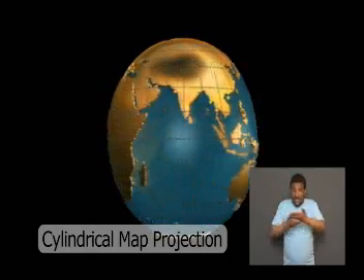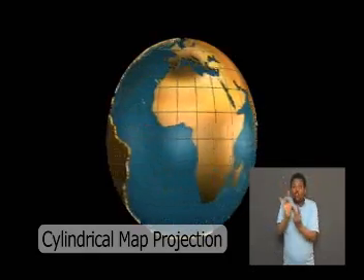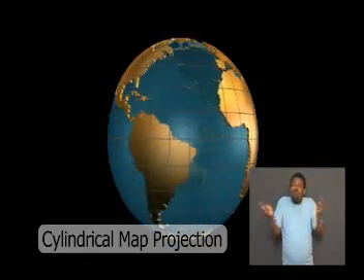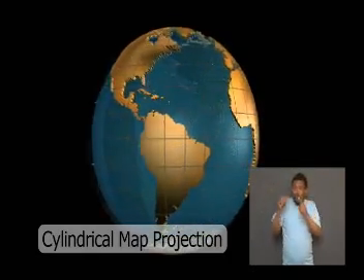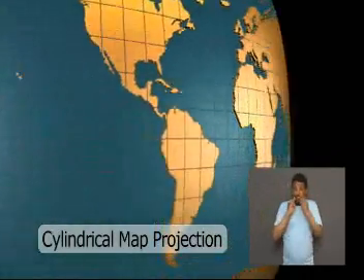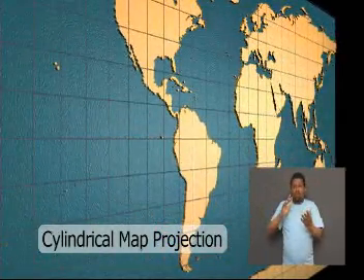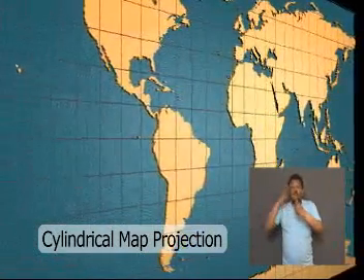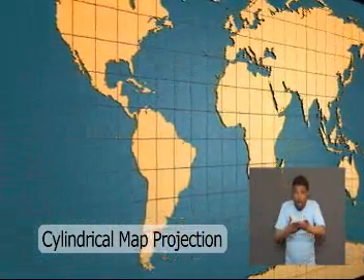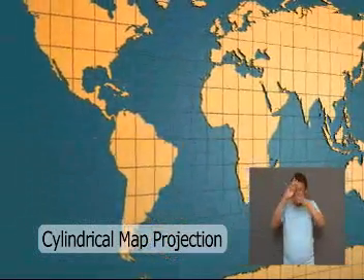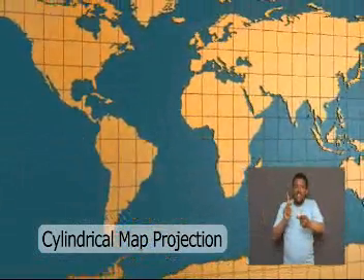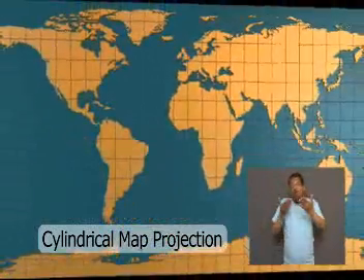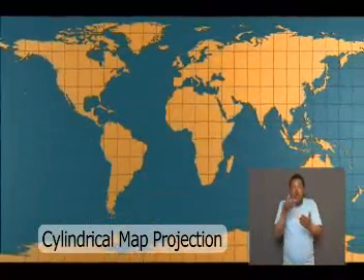Cartographers must choose whether it is most important to have accuracy of area, shape, distance, or direction for a specific map, and then sacrifice the accuracy of some or all of the other features.